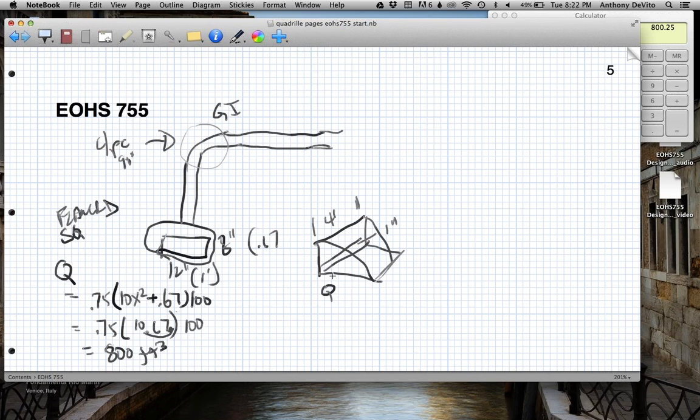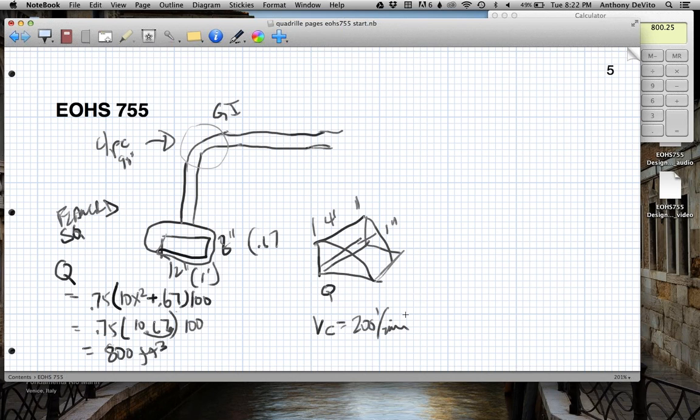So we want 3,000 feet per minute of capture velocity. But on the table itself, we want some capture velocity, maybe 200 feet per minute. A little bit faster than we had before.